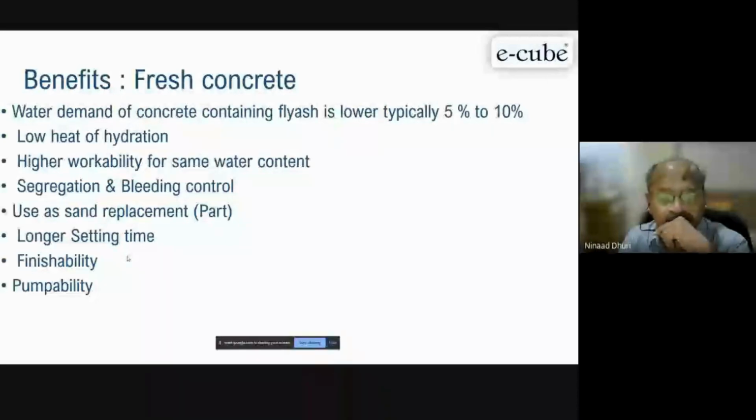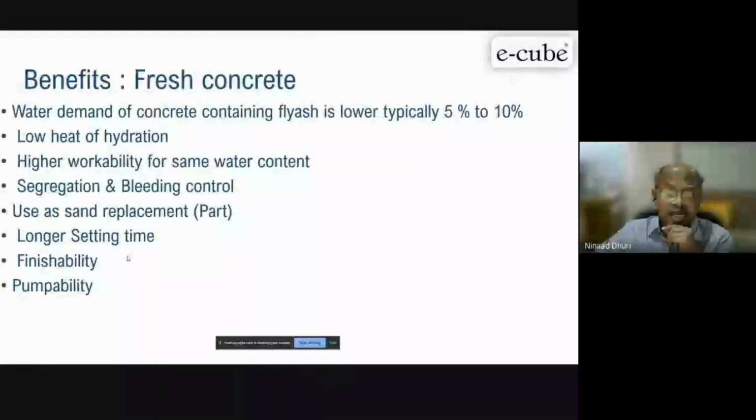But definitely this point is basically where we are comparing 100% OPC and OPC plus fly ash. So definitely OPC plus fly ash will have more setting time, or the hardening process is slightly slower. The 1 day or 3 days strength will be slightly lower. 7 days also may be slightly lower, but 28 days may be the same.